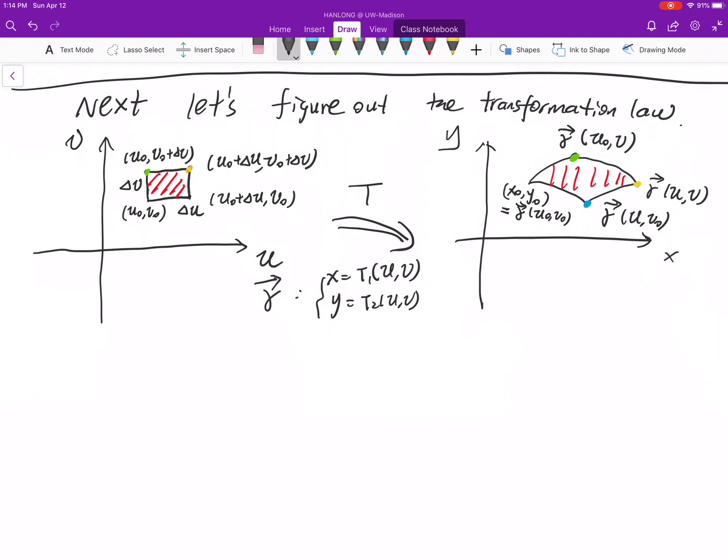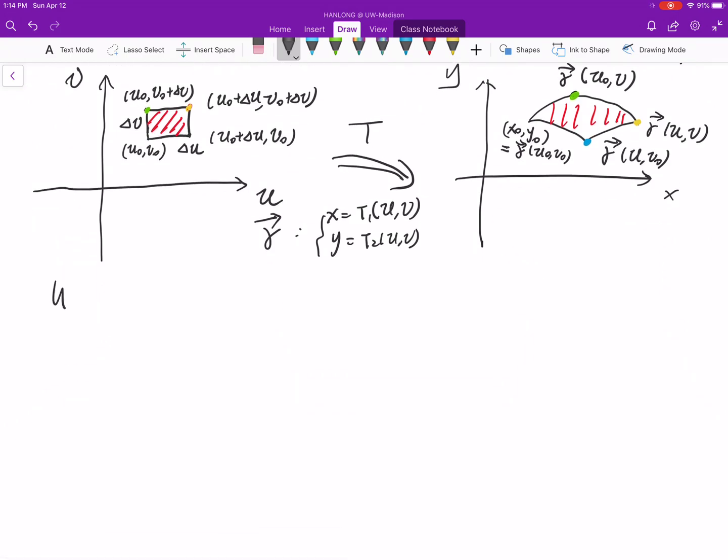So next, we want to compare the areas. Because of the definition of the area factor, we want to compute the ratio of two areas.